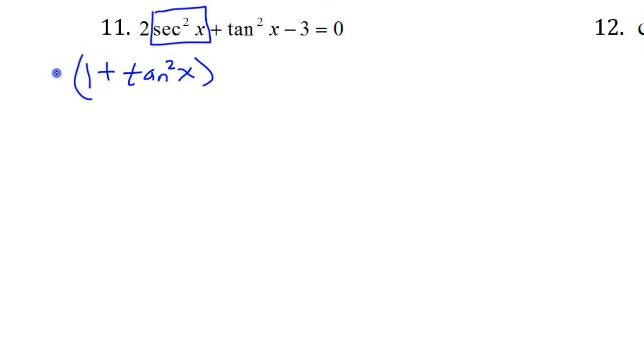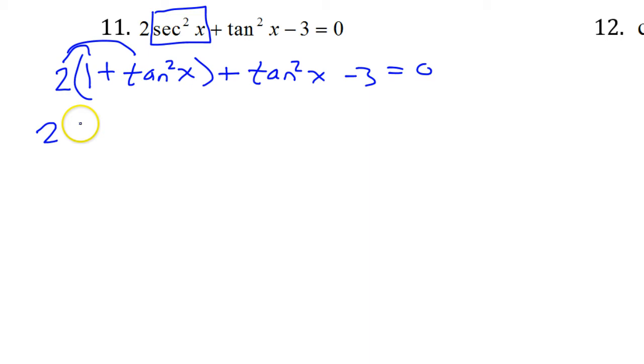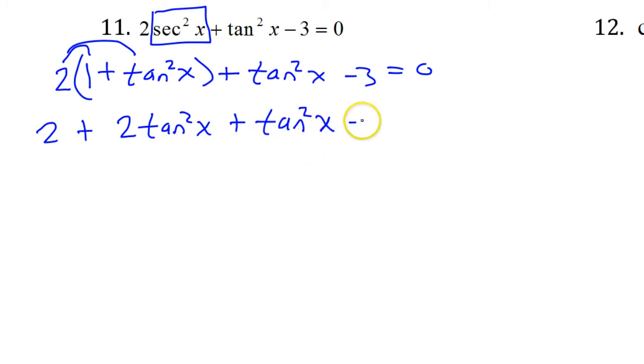Okay, now it has a 2 in front of it, so I'm going to put the 2 outside of parentheses. And then I have plus tangent squared x minus 3 is equal to 0. This calls for the distributive property, so now I have 2 plus 2 tangent squared x plus another tangent squared x minus 3 is equal to 0. Now these are like terms, 2 plus 1.